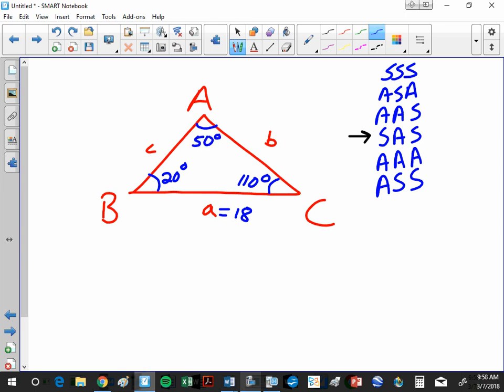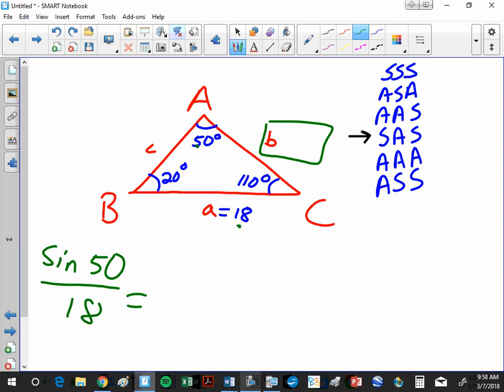Okay? So now, what if I want to know little b? How does the law of sines work? Well, the sine of 50 degrees over 18 is the sine of 20 over little b.